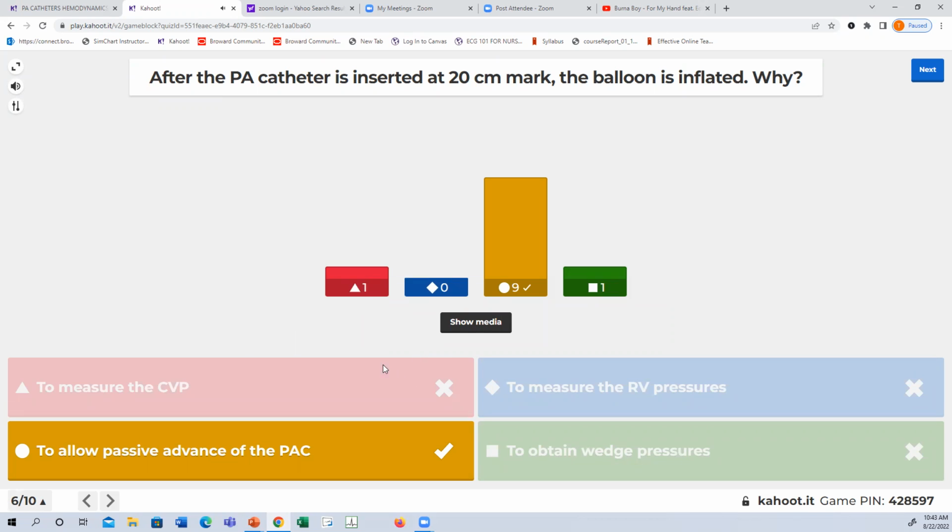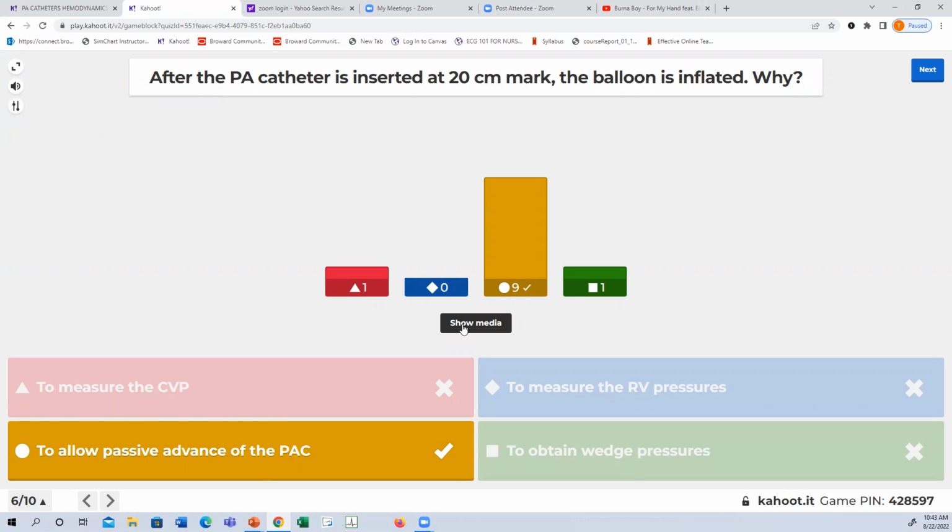All right, almost all of you got this correctly. So if you remember the way in which this pulmonary artery catheter was discovered, so to speak, by Dr. Swan and Dr. Ganz, the idea of the sailboat being propelled by the movement of wind.